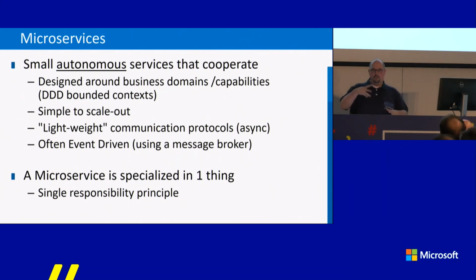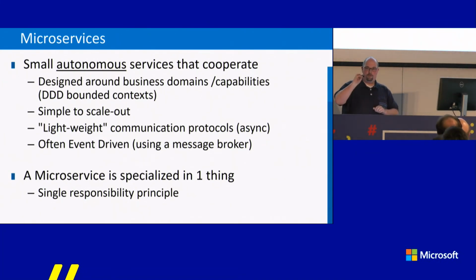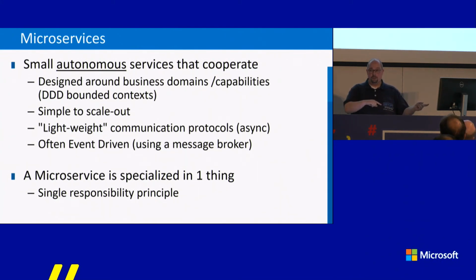If you cut up your application into several smaller parts, then if you change one of the parts, the chance that you have to take down the entire application becomes smaller because you can just replace that single microservice. But then other microservices need to be able to cope with that.